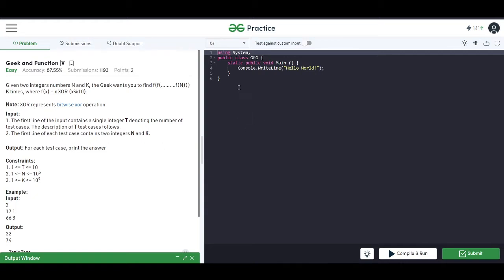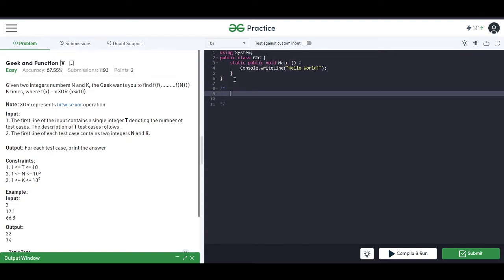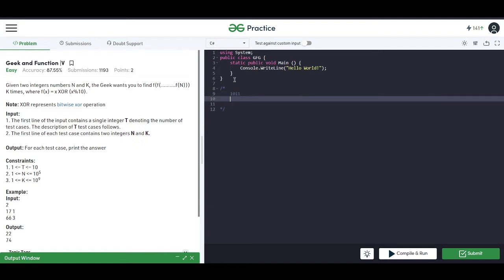Those of you who do not know about the XOR operation, I'll tell. For example, there are two numbers, 1011 and 1101.